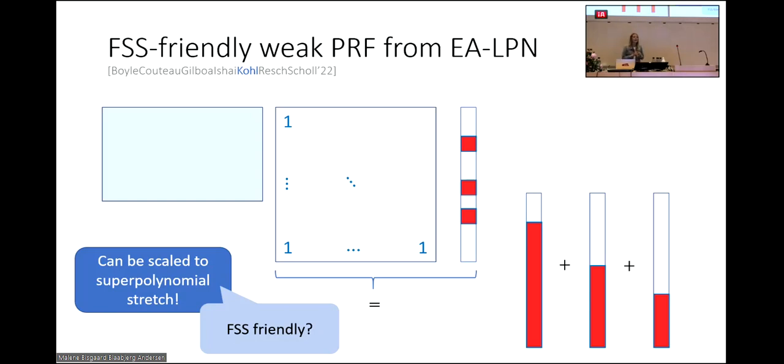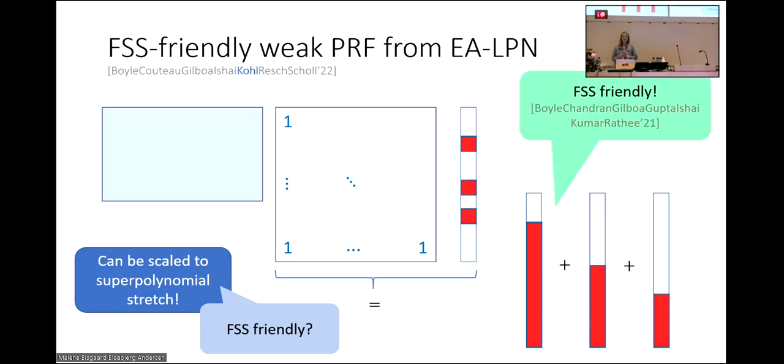And if you have paid attention earlier this week, then we know that interval functions are actually function secret sharing friendly. So you can use interval function FSS, also based on one-way functions, a very simple construction, to share these interval functions. And then, because your matrix is sparse, you can scale that and get a PCF.